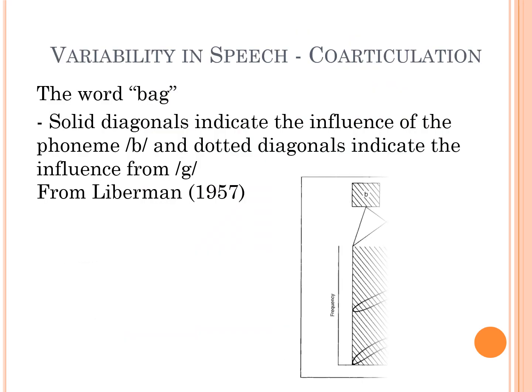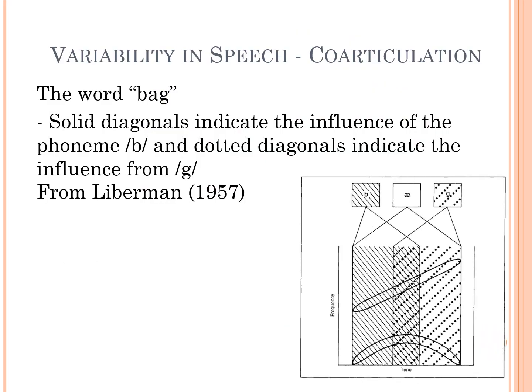We can take the word bag. The oblique lines there represent the b and where we see the effects of b, and then the dotted oblique lines say this is the g, and where we have an influence of the g in this kind of co-articulation.